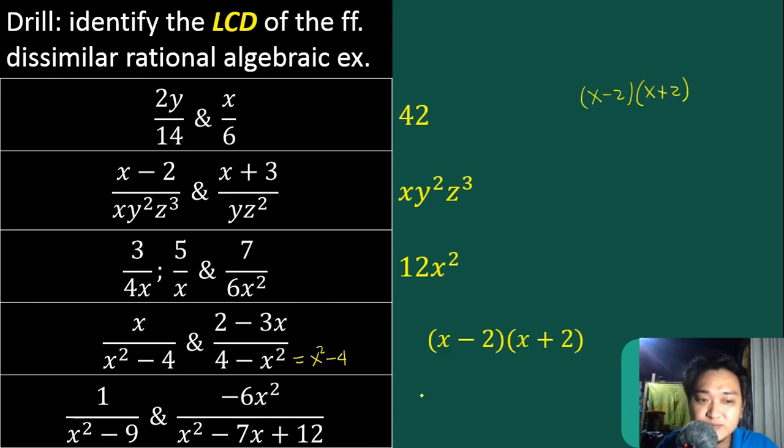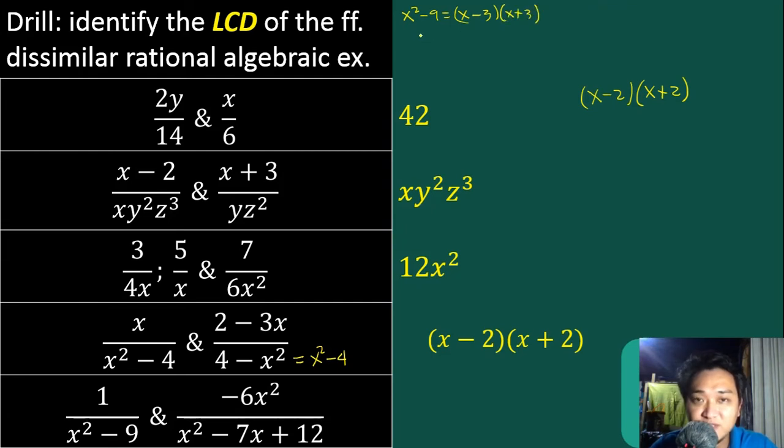Okay, the last. What is the LCD of these two rational algebraic expressions? Let's look carefully at their denominators. Remember that x squared minus 9 is factorable. Its factor is, let me write x squared minus 9, x minus 3 times x plus 3.